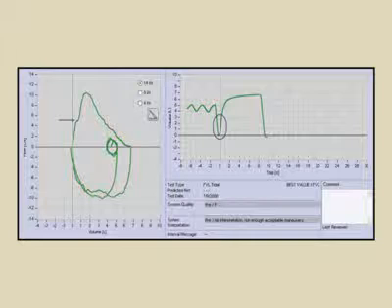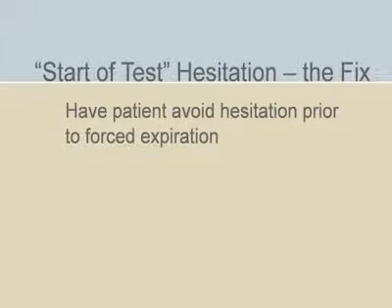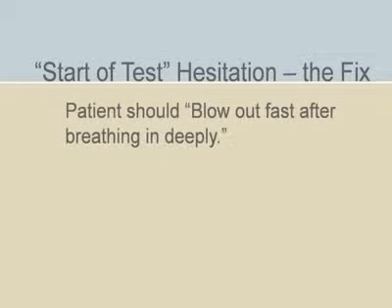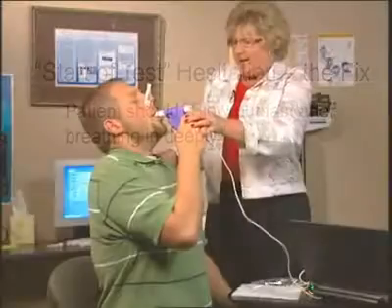Back extrapolation and hesitation may prevent the patient from meeting start of test criteria. Have the patient avoid hesitation directly before the forced expiration, telling him or her to blow out fast after breathing in deeply.